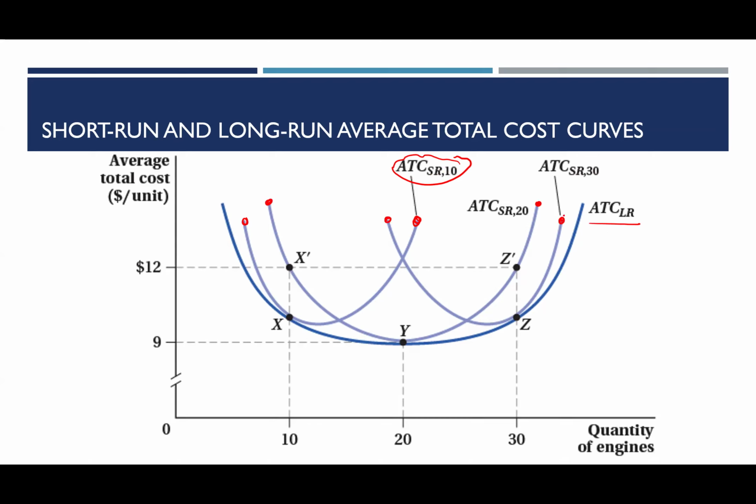And you can see that at a certain point in the short run, costs start to rise very quickly because the firm's having to hire more and more and more labor because it can't adjust its capital. All right. And so what we'll see is that production moving from 10 engines to 20 in the short run is going to entail a lot more cost than movement in the long run between those two values.